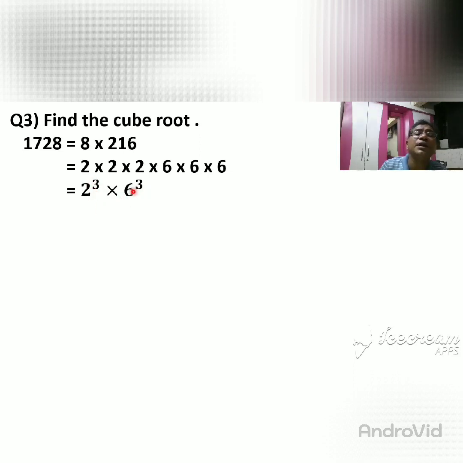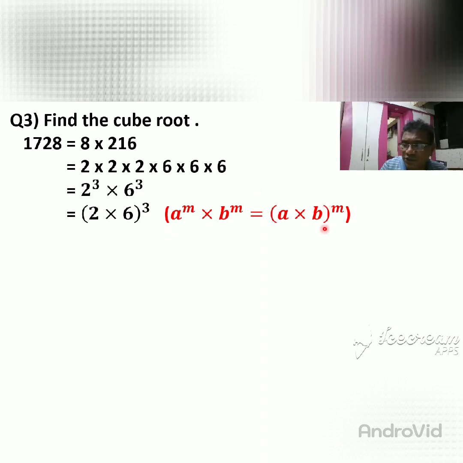So here is 3, here is 3, so 3 is common, so we can write in the bracket 2 into 6 indices 3, according to the rule of indices: a indices m into b indices m is equal to a into b indices m. According to this rule, we can write 2 into 6 in a bracket indices 3.